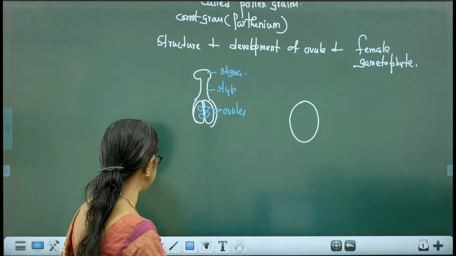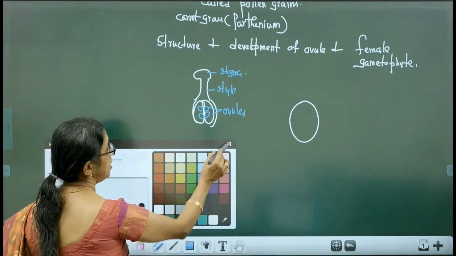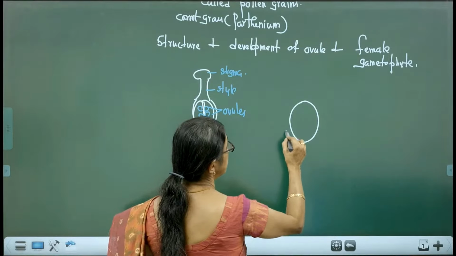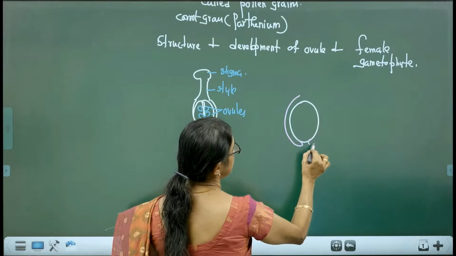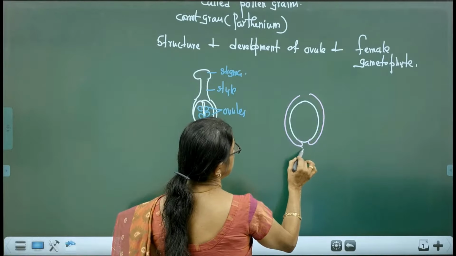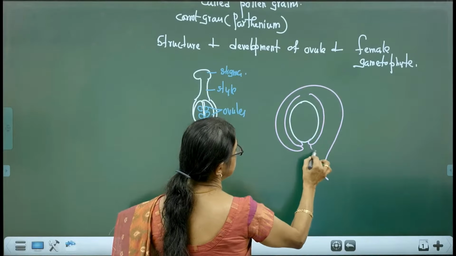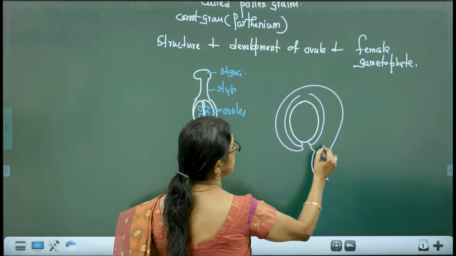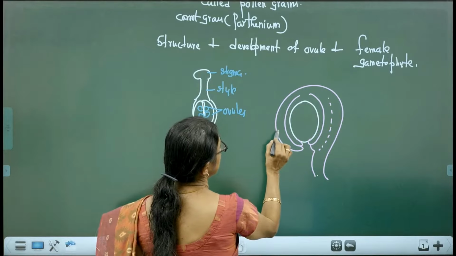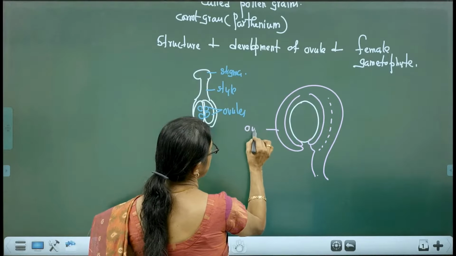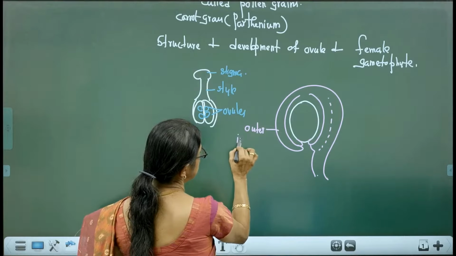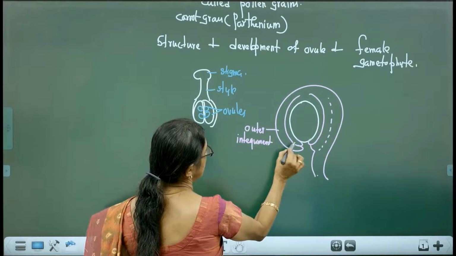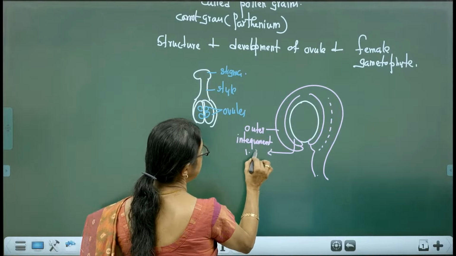This nucellus is covered and protected by usually two protective coverings called inner integument and outer integument. So these are the two protective coverings called integuments. This is the outer integument and this is the inner integument.